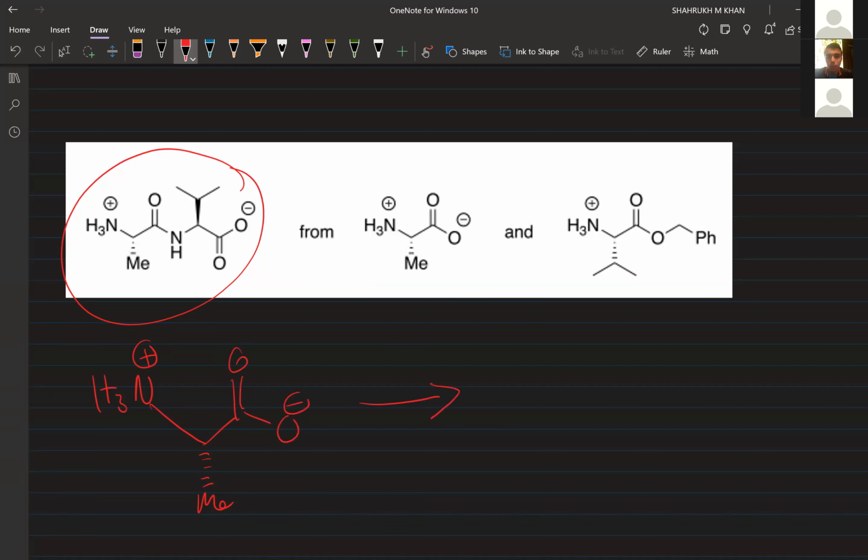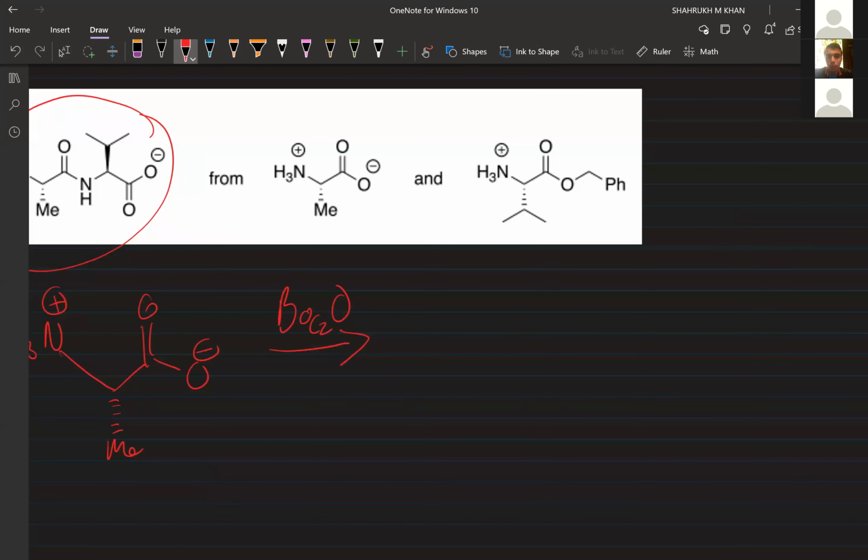How do we do N protection? Valine, I guess, that's probably what it's called. Boc, right? So Boc2O. Right now we have the N terminus protected. Well, that's actually very nice of him to already protect the other one.